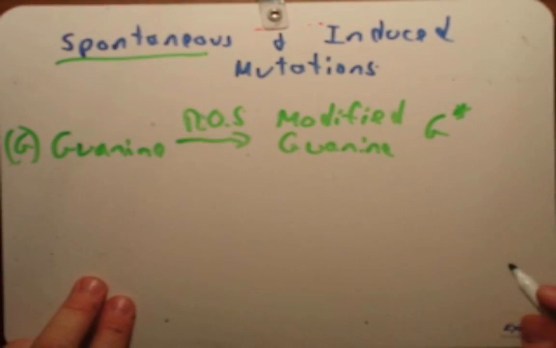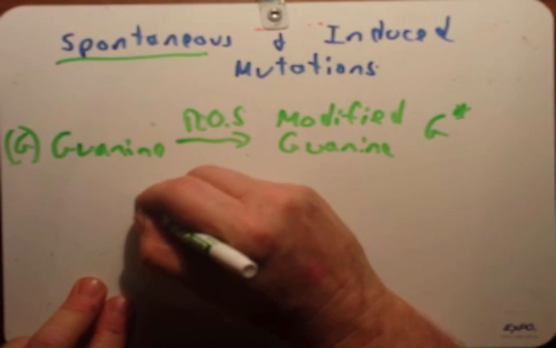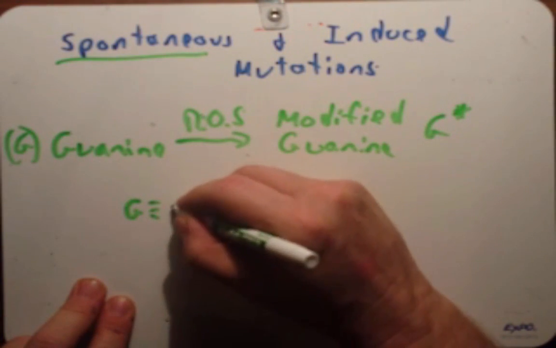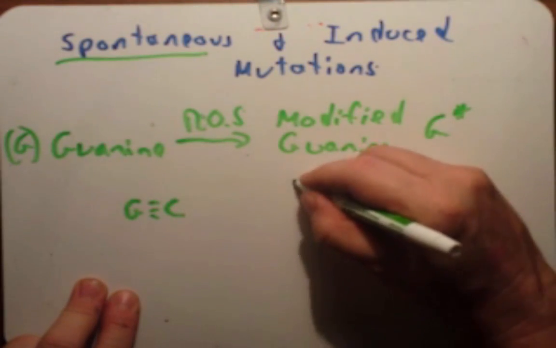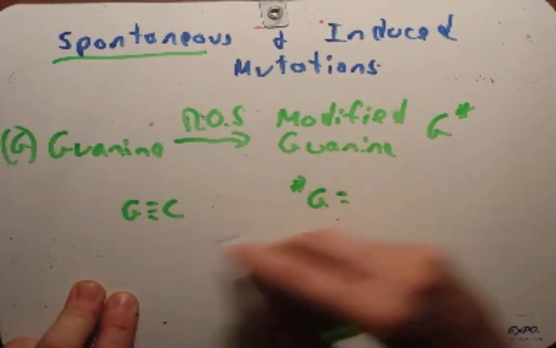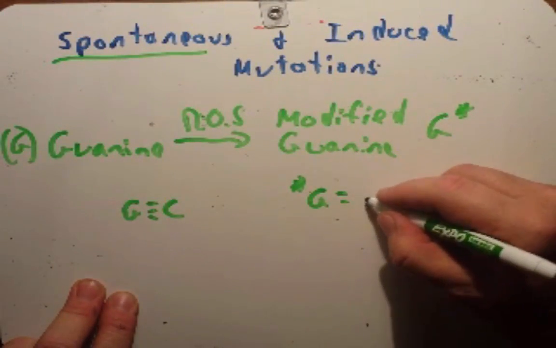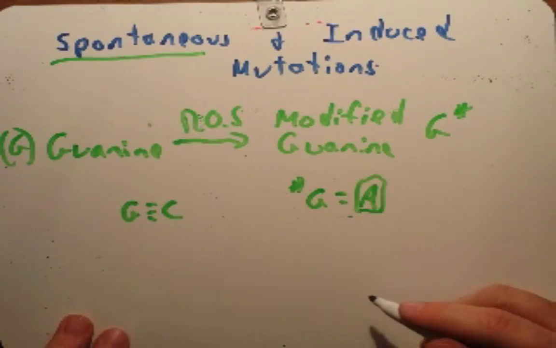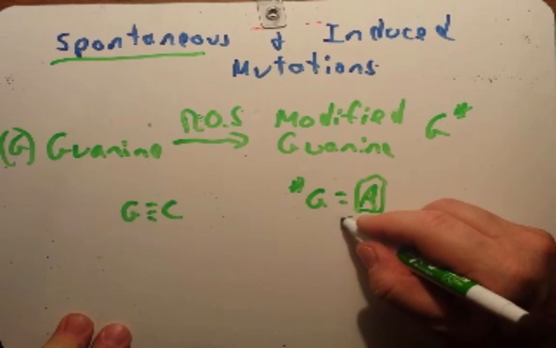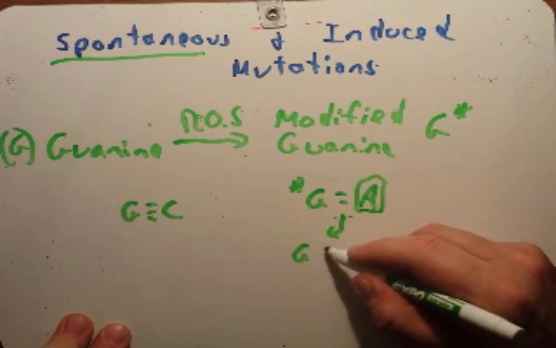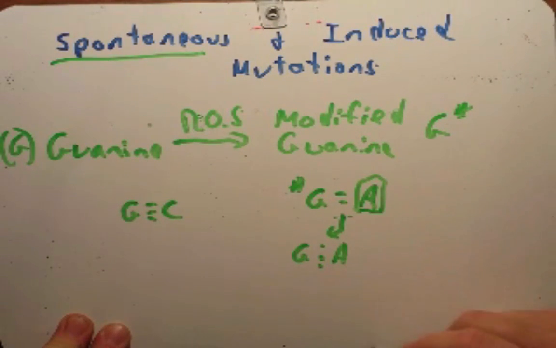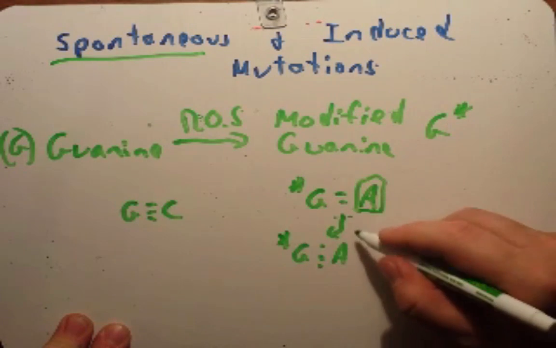Now, in a particular DNA sequence, you may have a G binding with a cytosine, like you should. Now, the modified guanine doesn't bind with cytosine. Instead, it binds with adenine. Now, during replication, this modified guanine is going to continue to make a base pair with adenine, because that's what it recognizes.